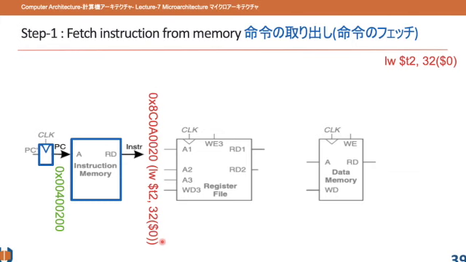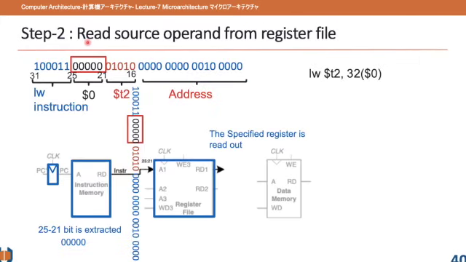Well, the second step is that we now need to read the source operand from the register file. In this instruction we have a source operand, where for the load word instruction the base address is stored.